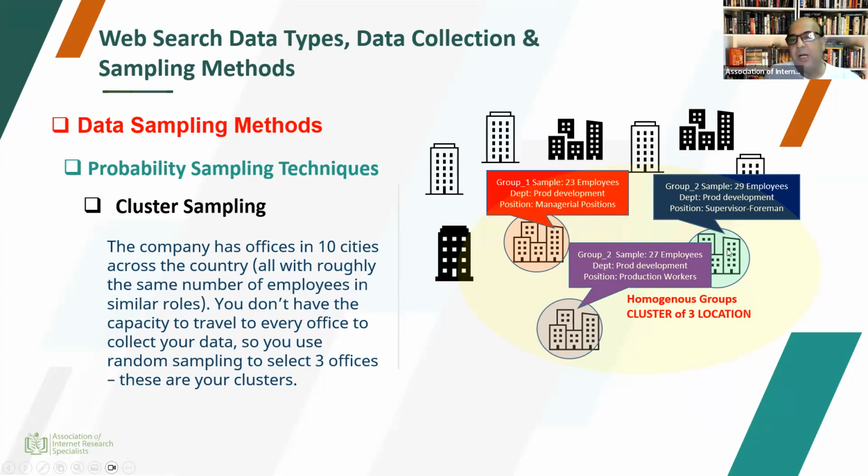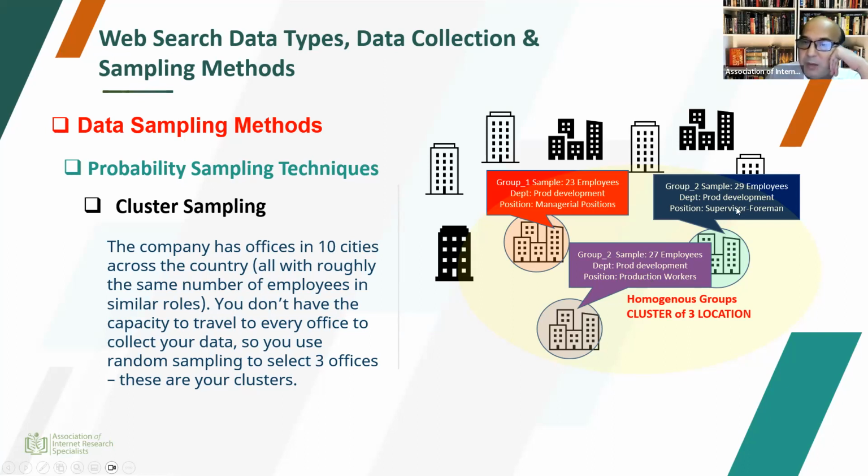Assuming that all of these locations that you see here, three of them, are actually doing similar things, except that within each location you want to select a different level of employees. So from location one, you have selected managerial position. Location two, still the same product department, but production workers.